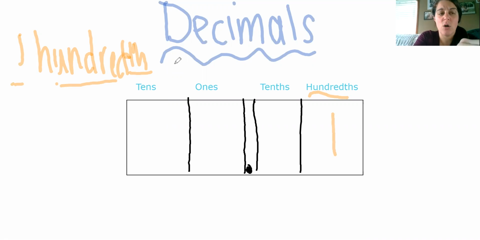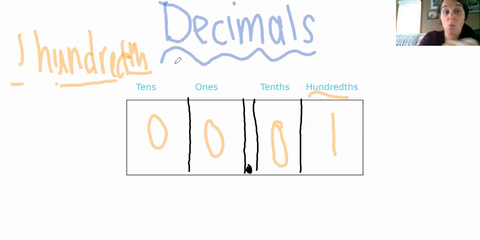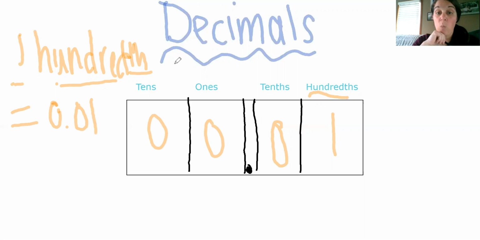So it says only 1/100th. It doesn't say anything about tenths. So what do I put there? A 0. What do I put in my ones? A 0. In my tens, a 0. So 1/100th can also be represented as 0.01 or 1/100th.